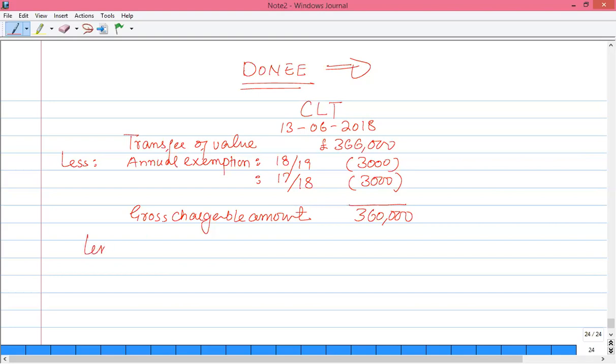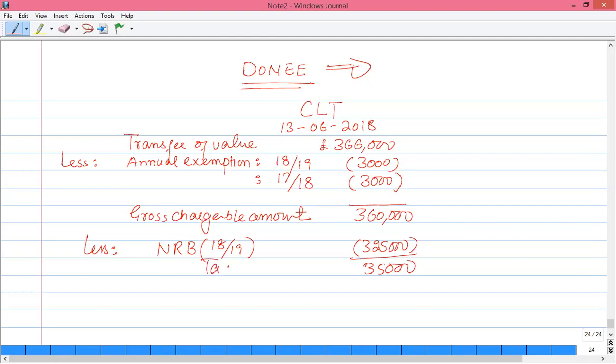Now we have to deduct the NRB. The NRB of 18/19 will be provided to you in the tax sheet, and if the year is different, it will be given in the question. For 18/19, the NRB is 325,000. The gross chargeable amount is in excess of the NRB, and the leftover amount is 35,000.